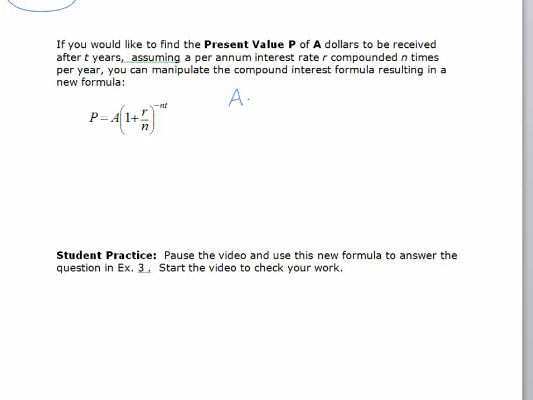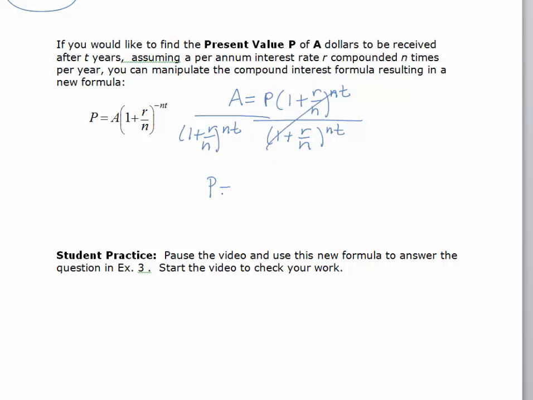If we started with A equals P times (1 plus R over N) to the NT, and we divided both sides by (1 plus R over N) to the NT, this cancels.